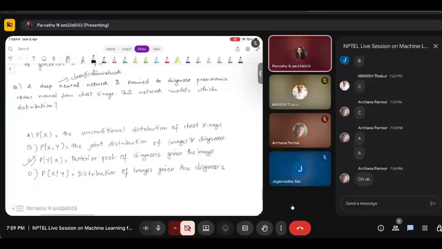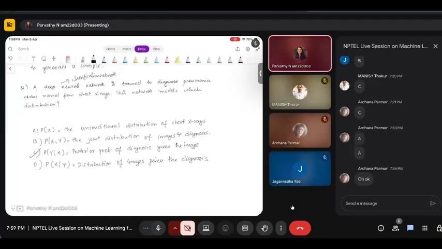Whereas in a generative model, we learn the joint distribution of the images, the input, and the output. Here it is a classification network and it is a discriminative model. Given some input image X, it will output P of Y given X, that is the probability of each diagnosis. It does not model P of X and it cannot generate or synthesize a new image. It's just discriminative.